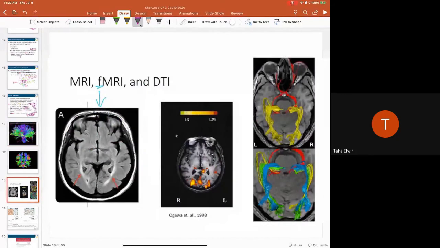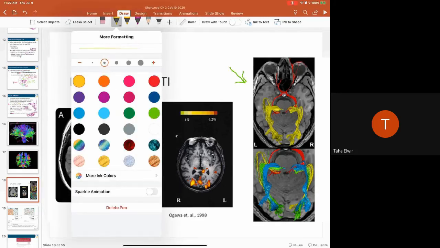So this MRI shows you some of the horizontal white fiber tracks. So they actually look white in this picture. And here they've colored the tracks so that the horizontal here is really nice yellow.